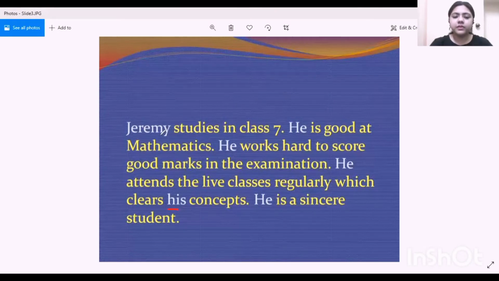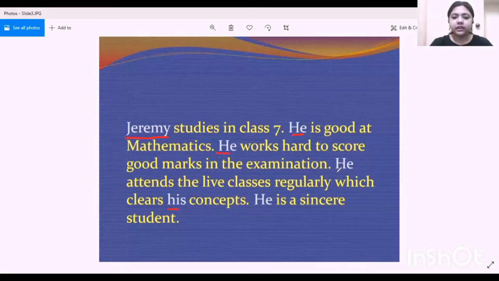Now, what we observe here is that we use Jeremy in the first sentence because we have to introduce this person. And then when we are talking about the same person, we have replaced the word Jeremy with he. Why he? Because Jeremy is a masculine gender.